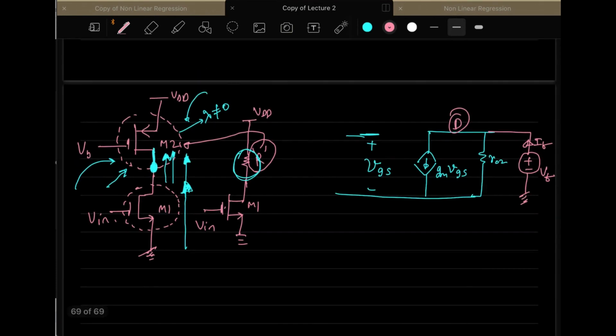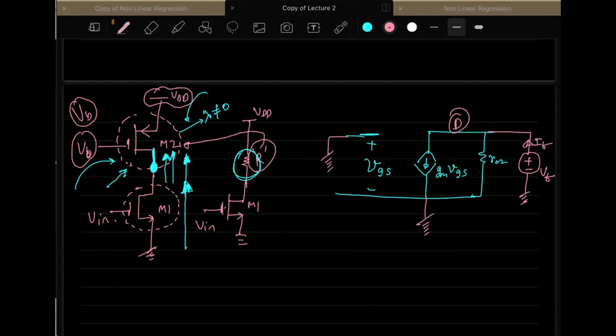What about the source? The source terminal is grounded because it is VDD and you are working in the small signal regime. In small signal all the DC voltages are grounded, so it's grounded here. What about the gate terminal? The gate terminal is also connected to a constant bias voltage VB, which is the same as VDD, so it is also grounded.